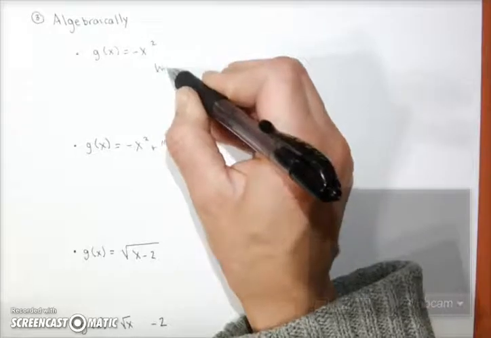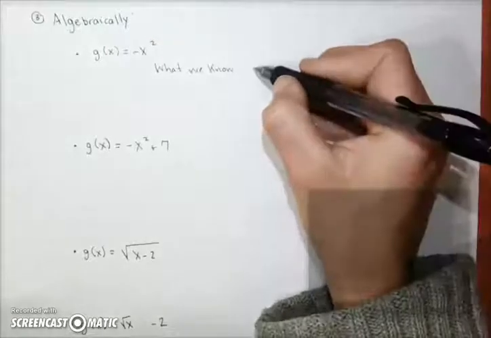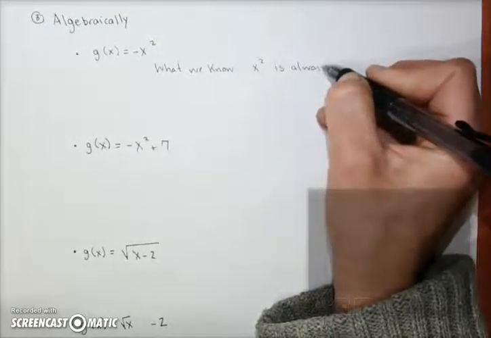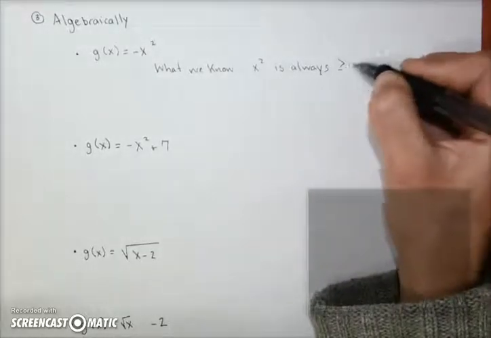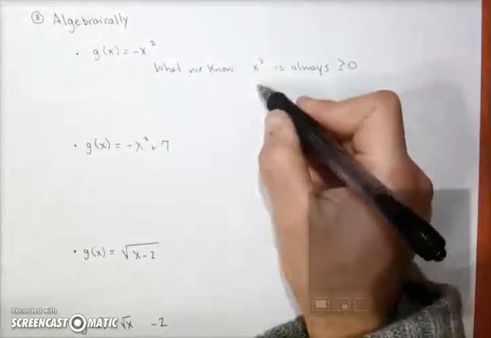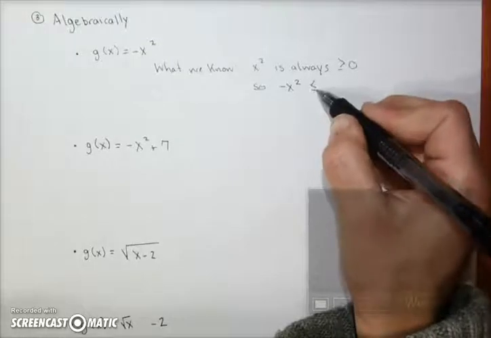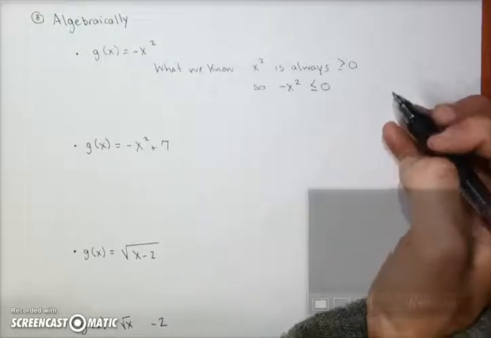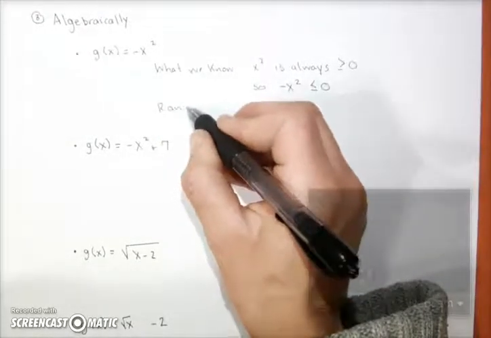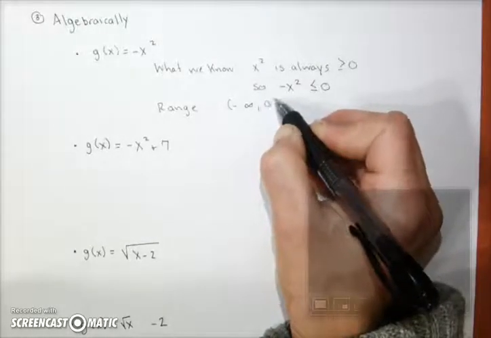So what we know is that x squared is always bigger than or equal to 0. Then if I put a minus sign in front of that, minus x squared is always going to be less than or equal to 0. So the range is going to be -infinity up to 0.